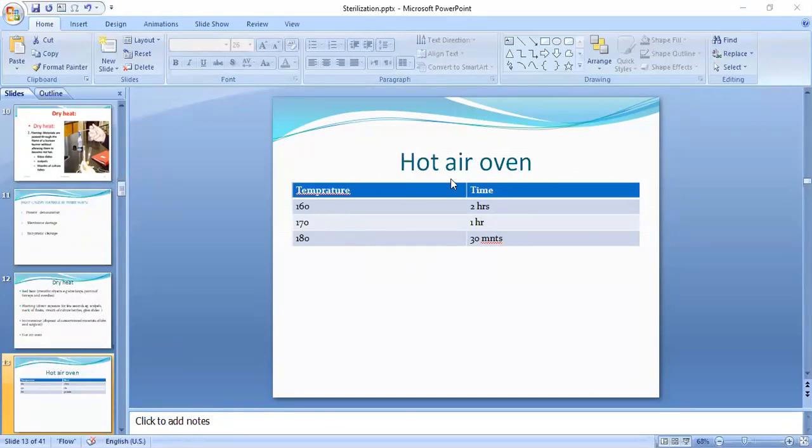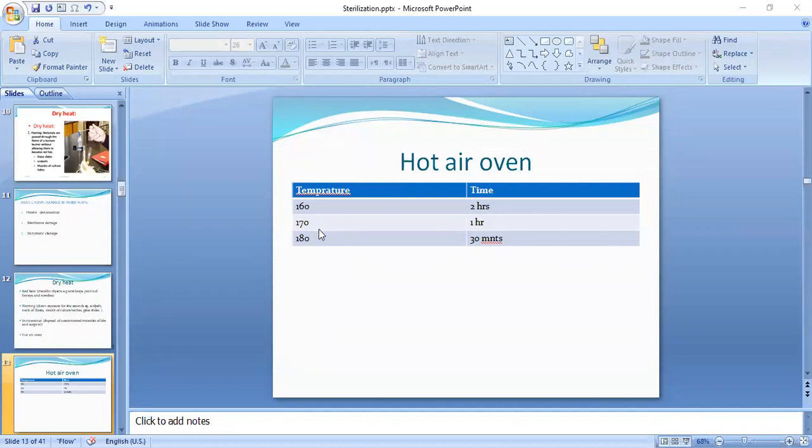If the temperature is 160 centigrade, we allow a time of 2 hours.